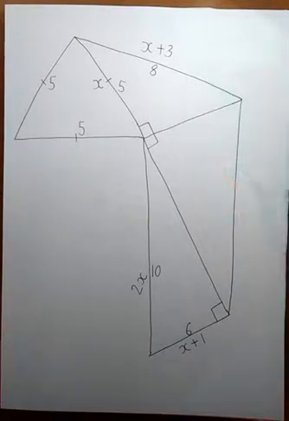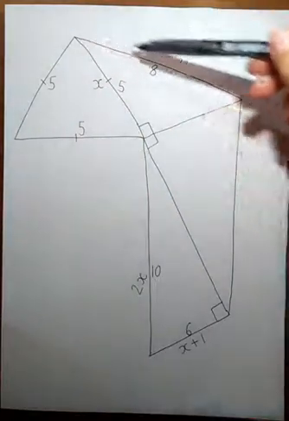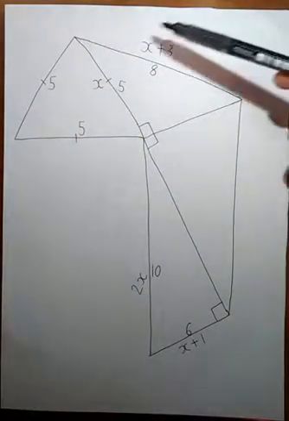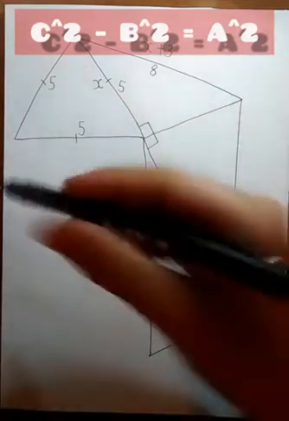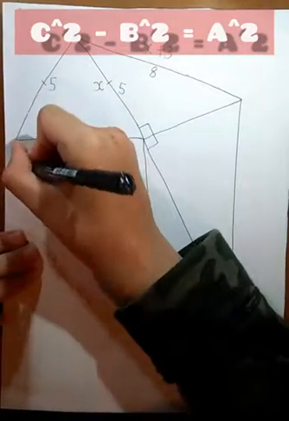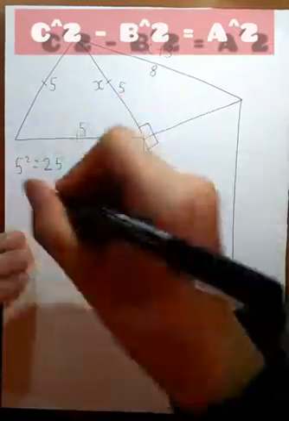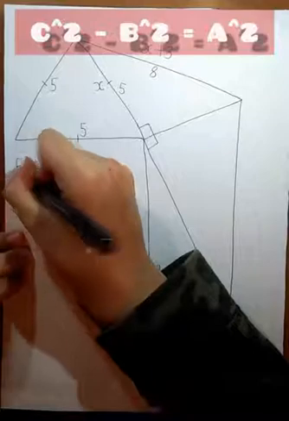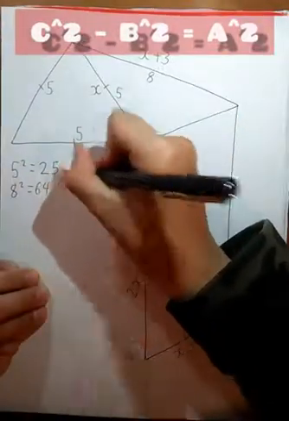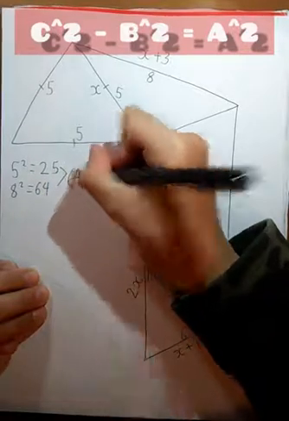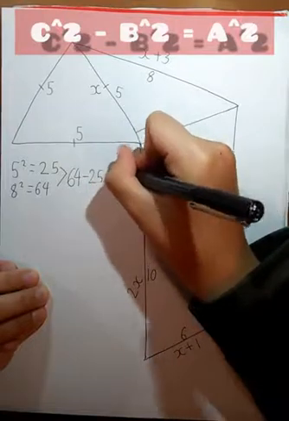Let's start with this one. Since we already have the hypotenuse length, we have to do c squared minus b squared, and that will give us a squared. 5 squared equals 25, and 8 squared equals 64. 64 minus 25 equals 39.